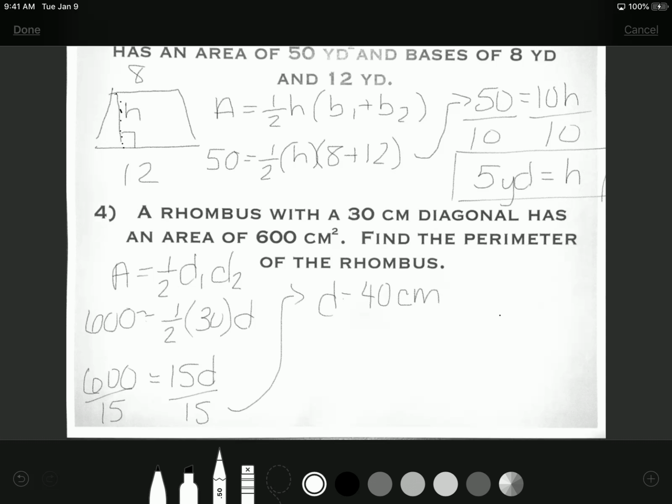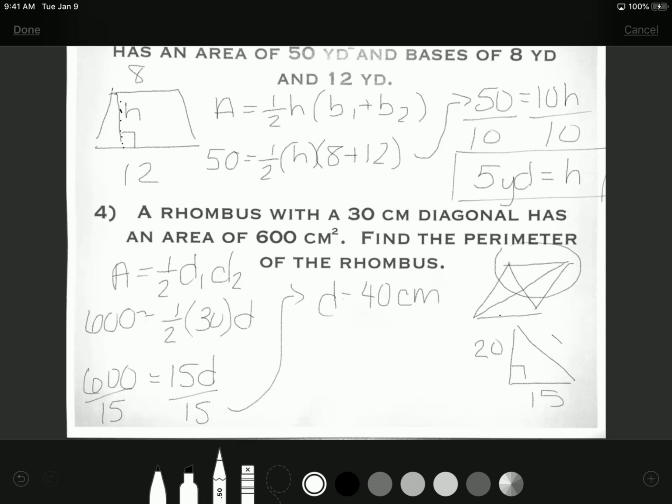Now, we need to figure out what the perimeter is. So if I draw my rhombus, not a very good rhombus, let's try that again. Here are my diagonals. I want to focus on just one triangle of my rhombus, so I'm going to draw that a little bit bigger so we can see it. One of my diagonals is 30, so half of that is 15. The other diagonal is 40, and half of that is 20.